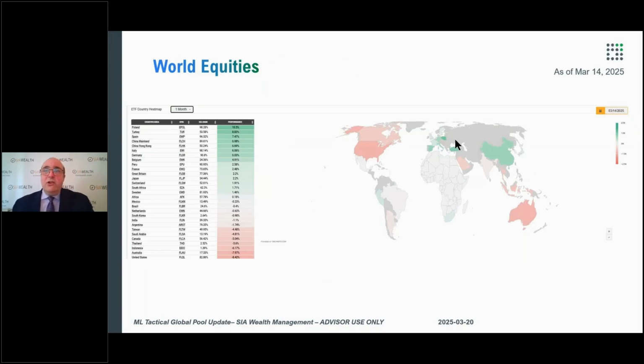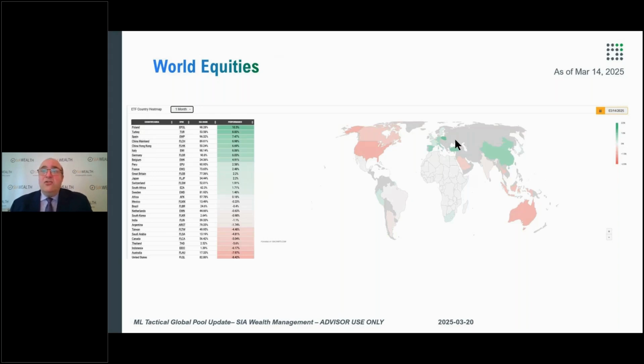And we can see this when we look at our global map of country ETFs over the last month. There's been weakness, particularly in the United States, and it's very rare that we see the US dead last. Australia is second last, Canada is near the bottom, and Saudi Arabia has struggled too.